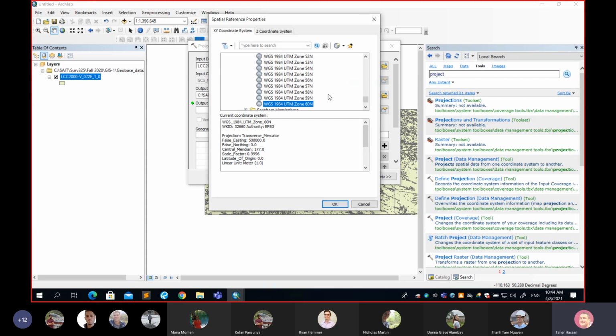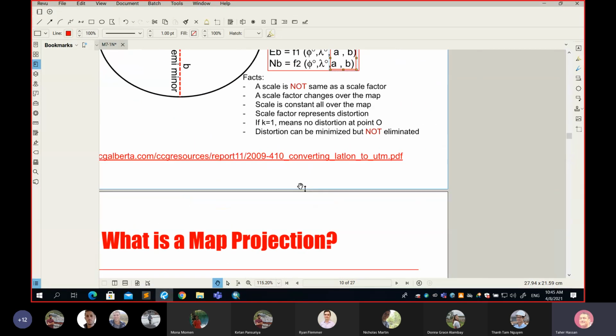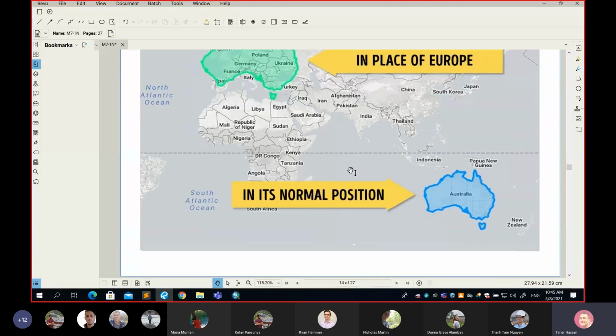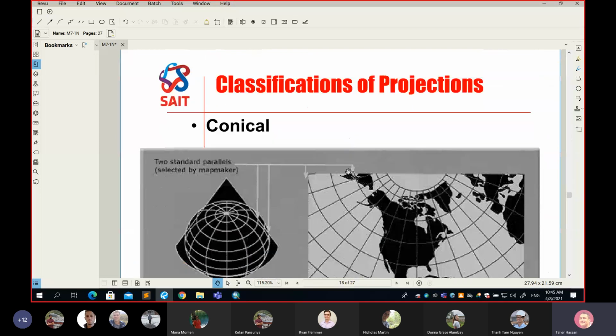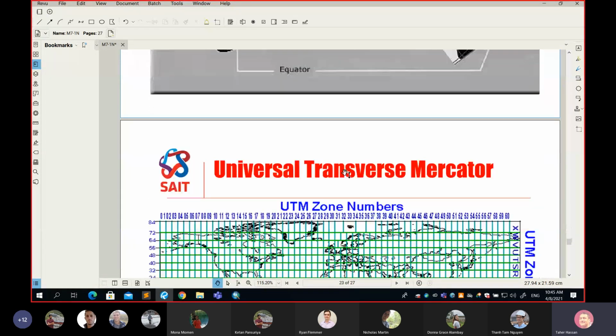Now, the next one is not an easy answer. Hopefully any one of you can do that for me. If you do, you will make me super happy. Can anybody tell me what the zone is? I'm going to give you some help. I'm going to show you one picture on my screen and switch back and forth to my GIS, and you tell me what the UTM zone is.